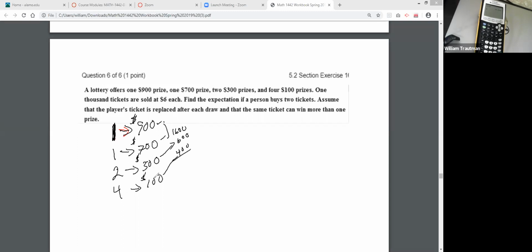There are 4 $100 prizes. So it ends up being 2,600. This lottery is going to give away $2,600 if we added up all the prizes.